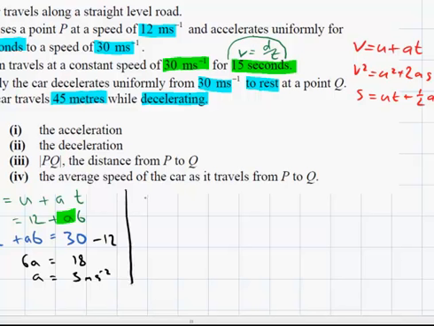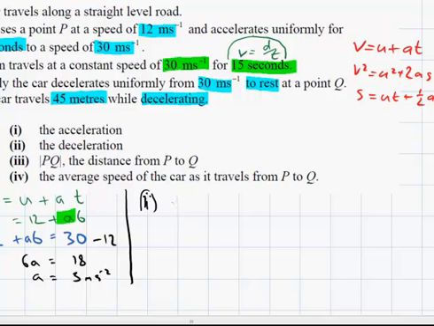The second part is the deceleration, which is actually for the third part of the journey. Now again, looking at the equations, we're given the initial speed. It starts from 30 meters per second in this section to rest at a point Q, and then travels 45 meters. So you want to be looking at these 3 equations again. A slightly different one is more useful in this case.